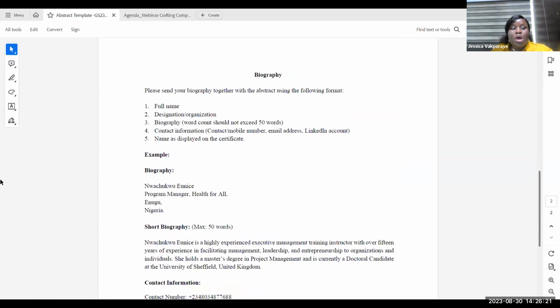And also 10 to 15 abstracts will be given the opportunity to have an oral presentation at the summit, and certificates will be issued to all accepted abstracts, and then all abstracts also will be included into the book of abstracts. Every other information needed will be available on the website. So please do well to check it out.